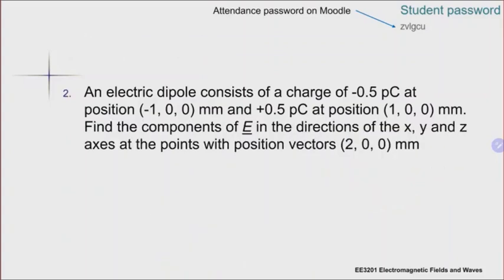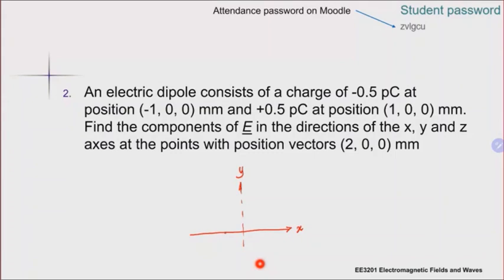And now work out the electric field at a position vector of 2, 0, 0. Summarize the scenario. So I have x, y.